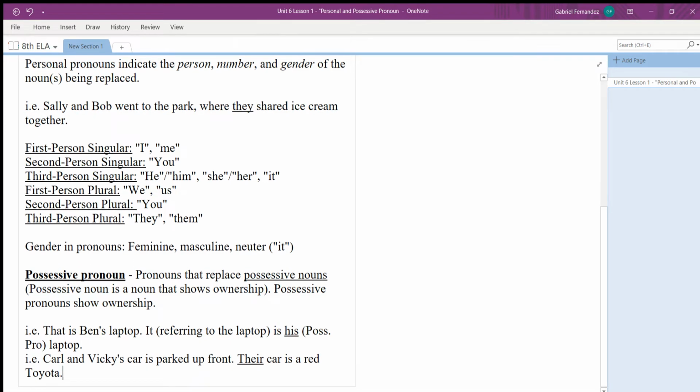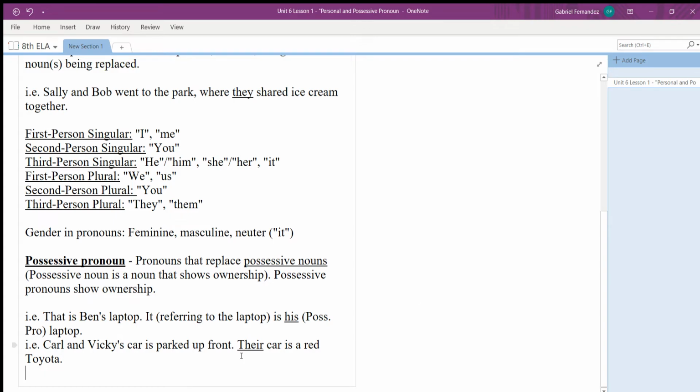Not the same as my car. Their, in this case, is also a possessive pronoun. Notice how we're using their as T-H-E-I-R. Okay? We're not using T-H-E-Y apostrophe R-E, and we're not using there T-H-E-R-E. This is a common error in the English language.